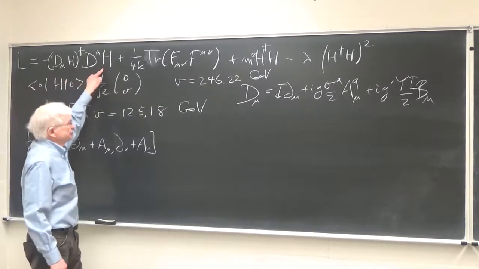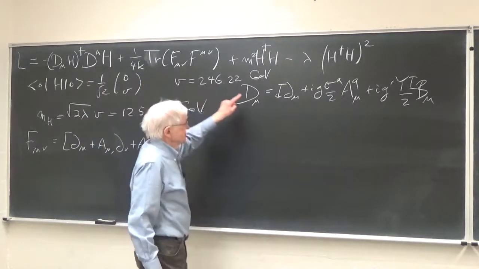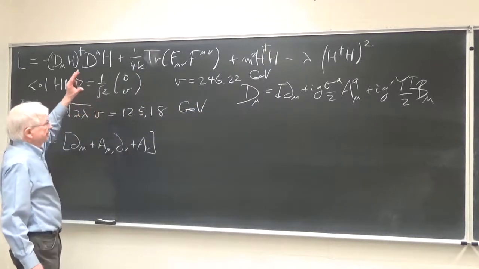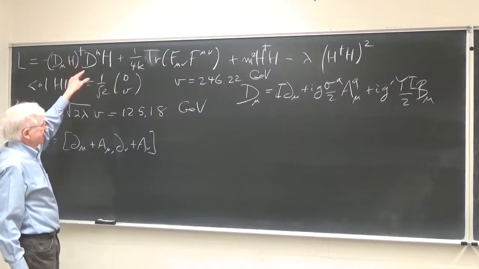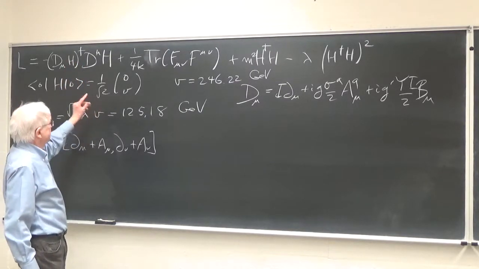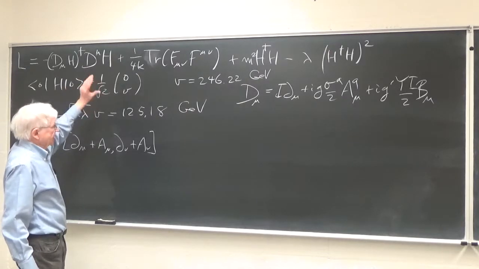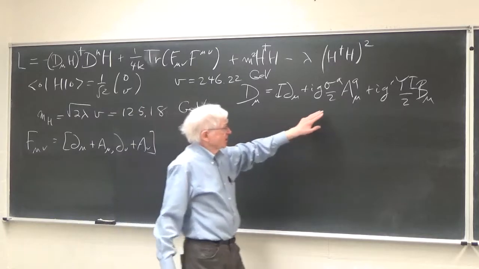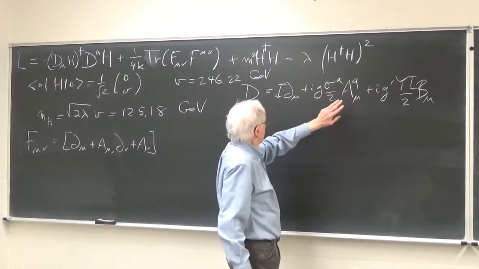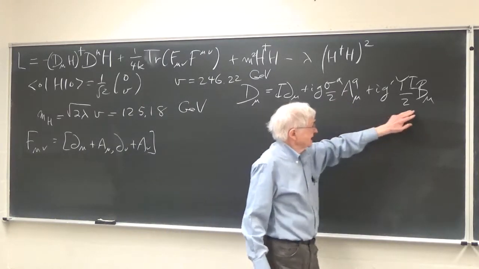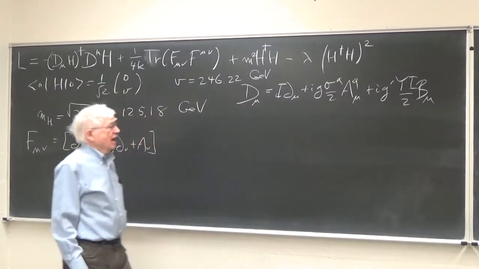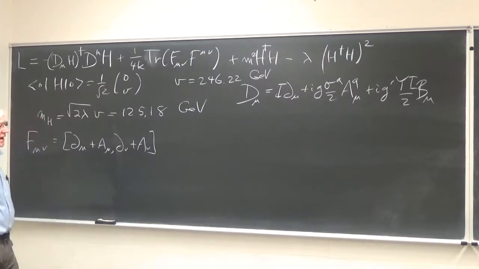There's the covariant derivative squared of the Higgs field. The Higgs field is a doublet, H plus and H neutral, but it's a complex doublet. The gauge fields are an SU2 that works on left-handed fields and a B, a hypercharge that's a U1 acting on all the fields.